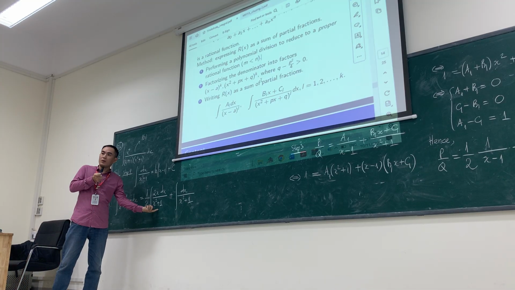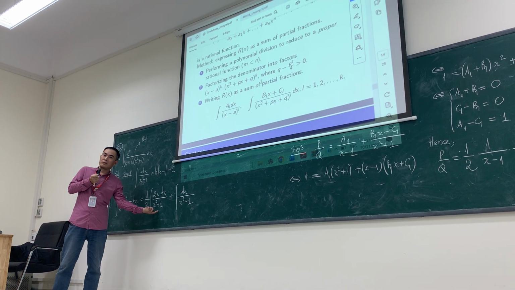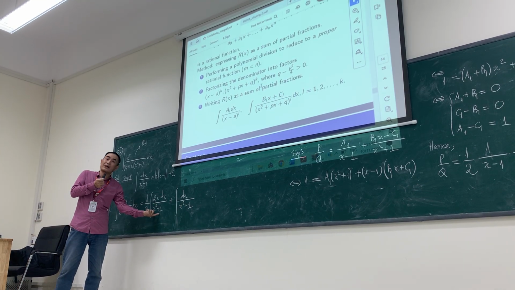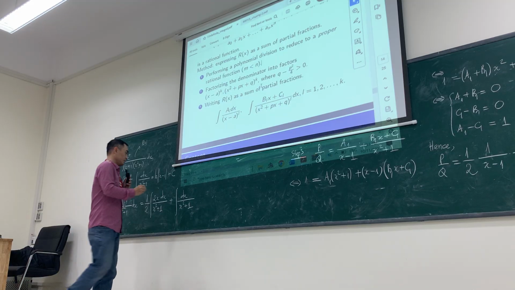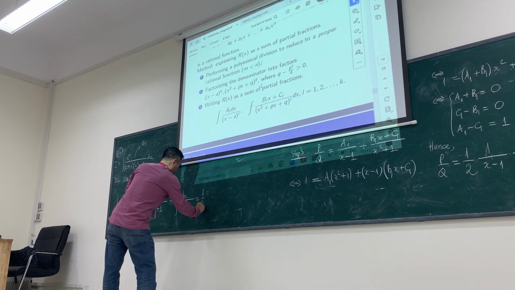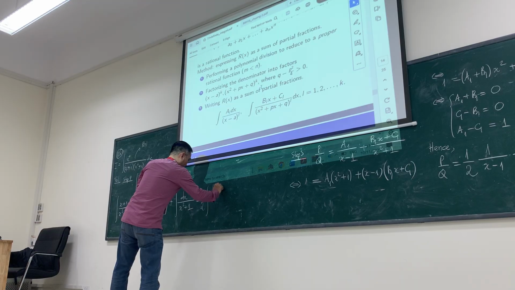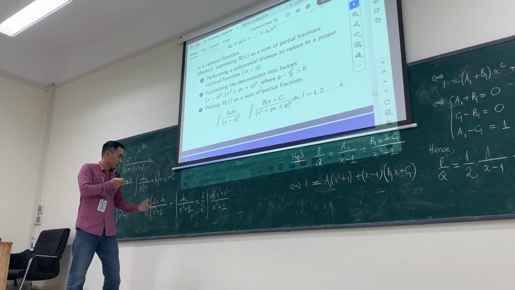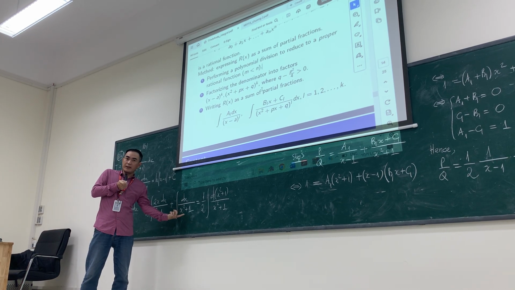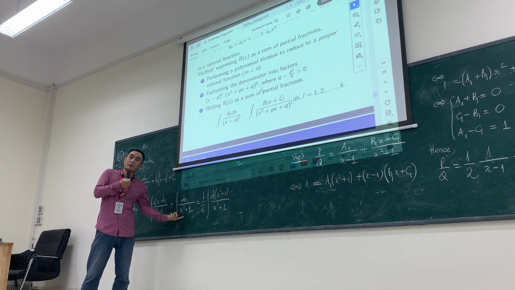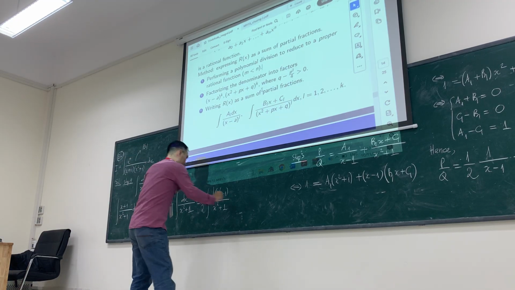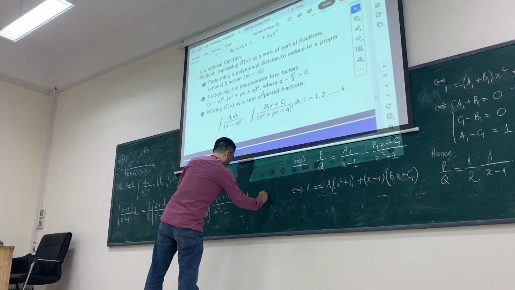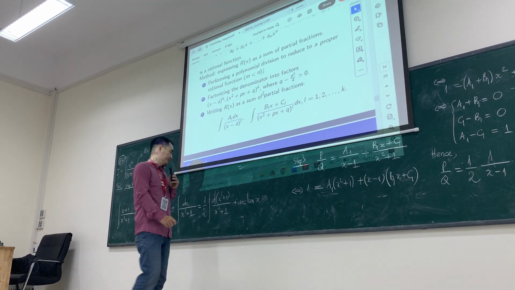For the first integral, we can do the substitution u equal to x squared plus 1, giving 1 over 2 times the integral of d(x squared plus 1) over (x squared plus 1). The second integral belongs to the basic table and is equal to arctangent x plus c.